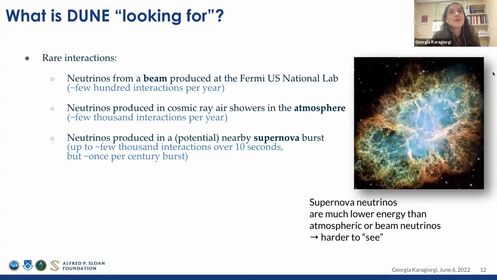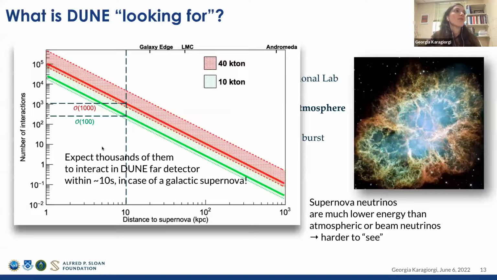But in the case of, let's say, a galactic supernova at about 10 kiloparsecs from Earth, then DUNE would expect to see up to a few thousand neutrinos interacting in the entire far detector over the course of only 10 seconds. So it would be this magical show of fireflies going off everywhere within the DUNE detector volume, if we could see with our naked eyes, that would all go off within 10 seconds in an otherwise fairly silent detector.